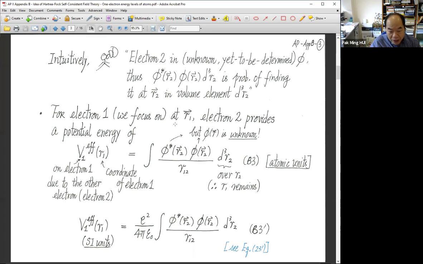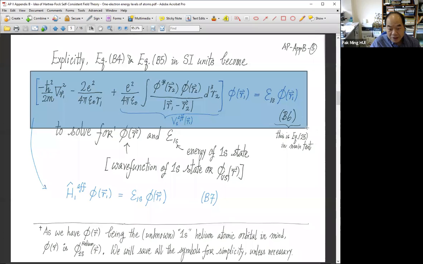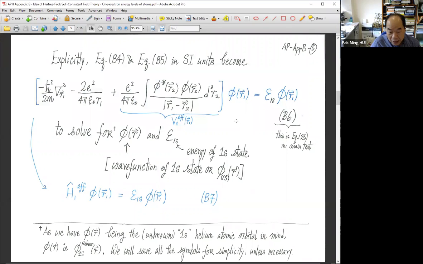So we discussed how to write down the effective single electron problem. This is the same equation that I just showed you 1 minute ago. So we start out from here, and then here, as last time we emphasized, there is a self-consistency problem. This is the output, what we want to solve from the equation.